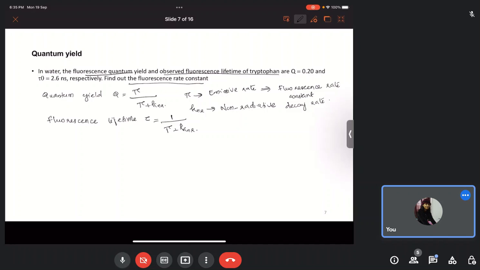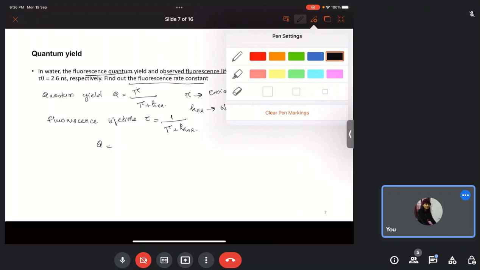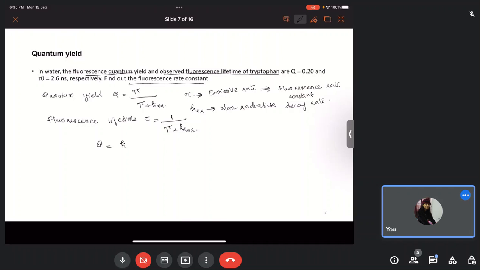So Q, the fluorescence quantum yield, is equal to gamma into tau, where tau is the fluorescence lifetime.